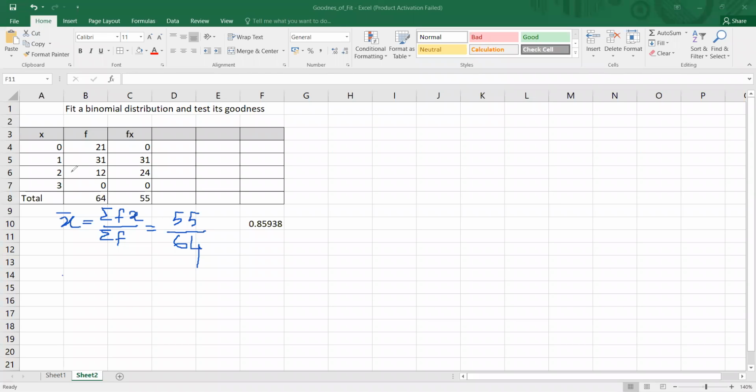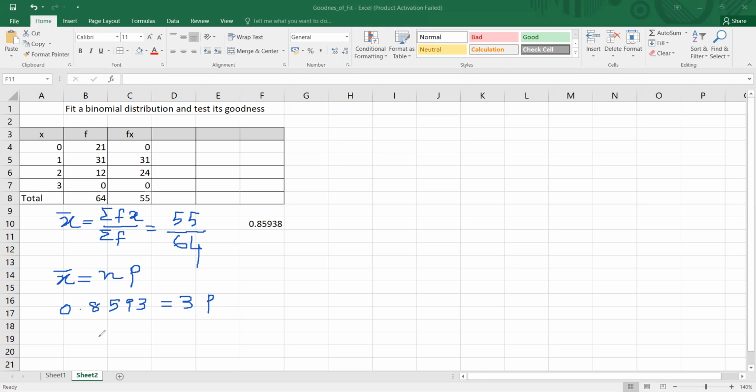Now we have to equate the 2 means. Which 2 means? The observed mean and the expected mean. The observed mean is represented by x bar, and the mean of the proposed model by np. So now x bar, 0.8593, is equal to np. N is the number of cards selected, and p is unknown here.